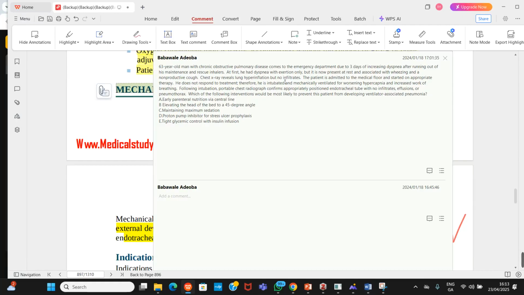He does not respond to medication. Therefore, he is intubated and mechanically ventilated for worsening hypercapnia and increased work of breathing. Following intubation, a portable chest radiograph confirms an appropriately positioned endotracheal tube with no infiltrate, effusion, or pneumothorax. Which of the following interventions will most likely prevent this patient from developing ventilator-associated pneumonia? Anybody wants to try?